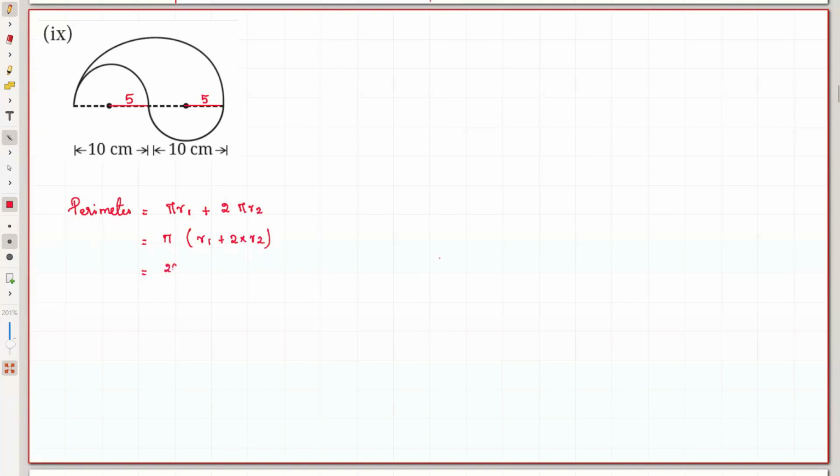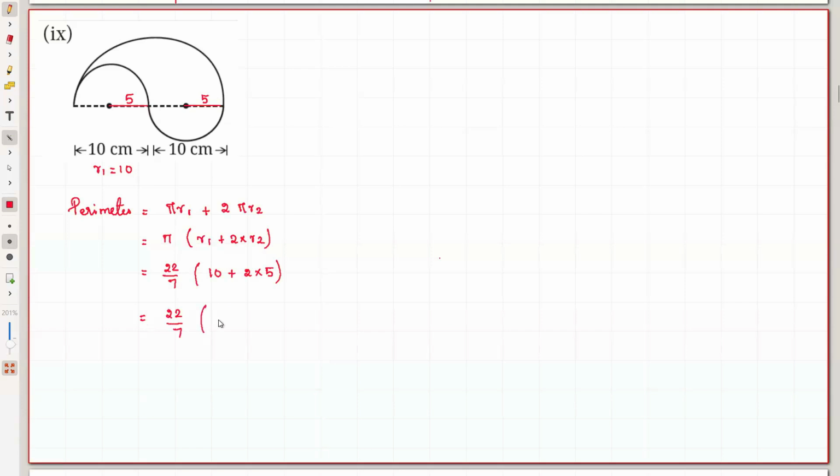So pi value 22 by 7 into r1, the radius of the big semicircle, is 10, plus 2 times r2, where r2 is 5.